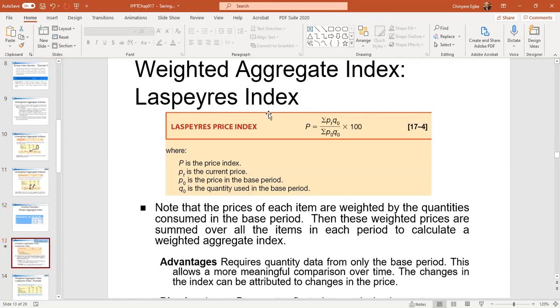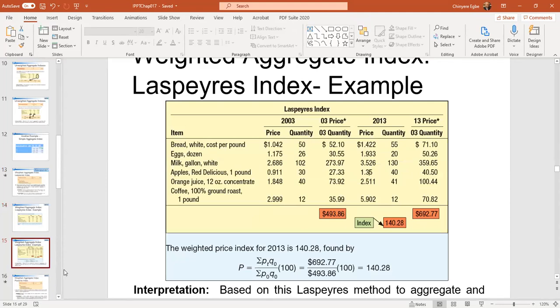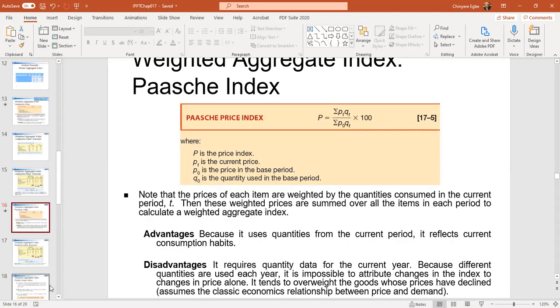So now there are other kinds of indexes. One is the weighted aggregate index, that's called the Laspeyres index. This is an example of the Laspeyres index. And the other is called the Paasche index.